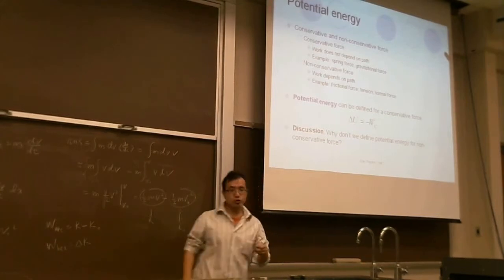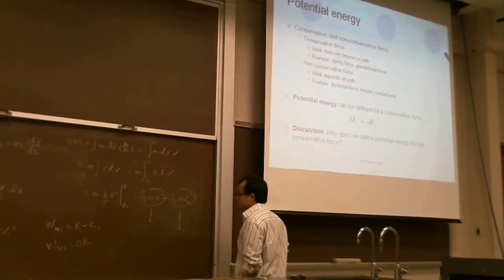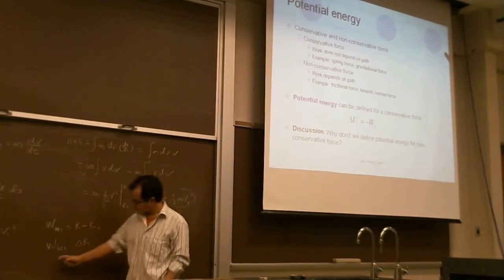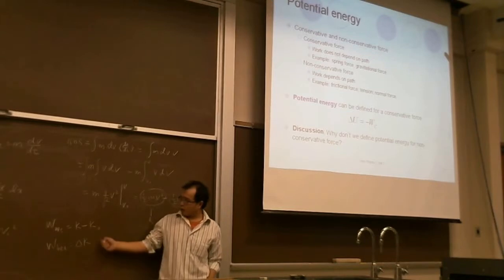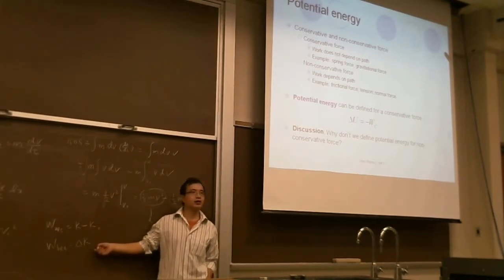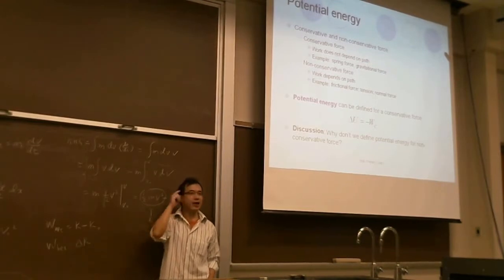Now we have to introduce more definitions. The idea here is that in this kind of equation, on one side we have the relatively simple stuff, kinetic energy, which is always 1/2 mv squared.